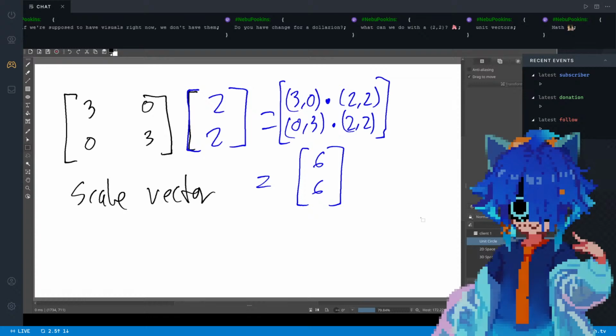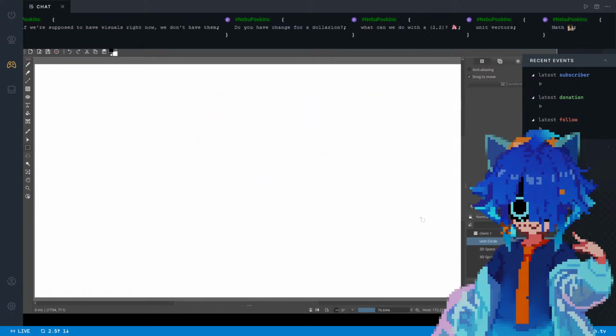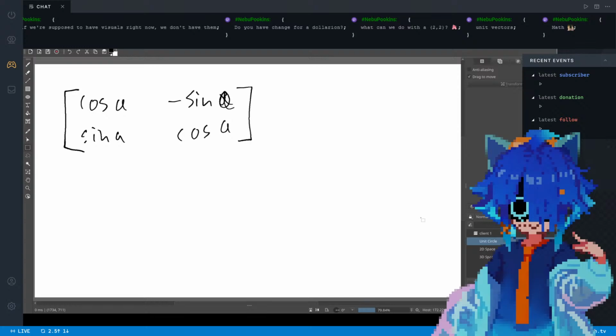We already saw another special type of matrix, the rotation matrix, where we have cosine of an angle, negative sine of an angle, sine of an angle, and cosine of an angle. So what does this look like in an example?